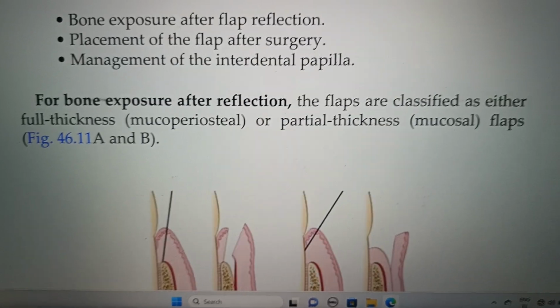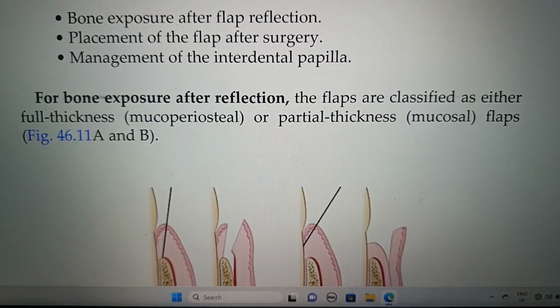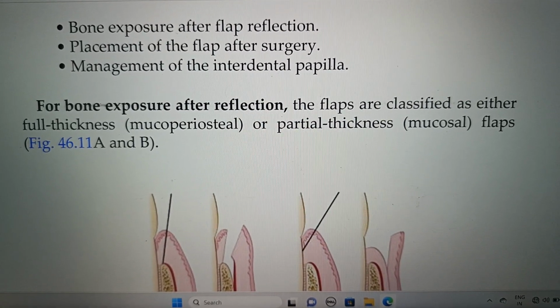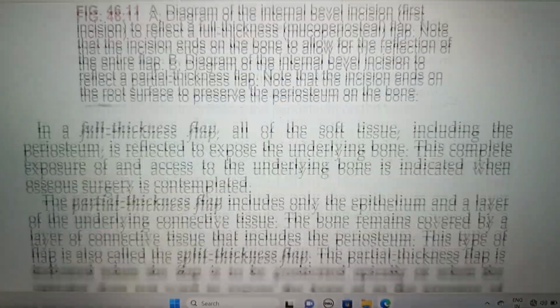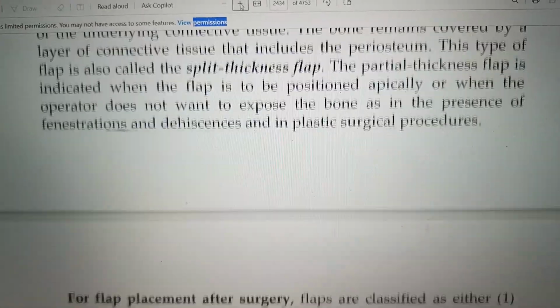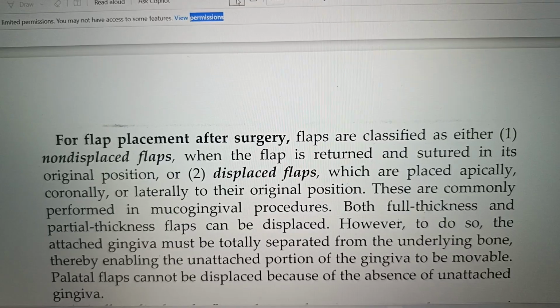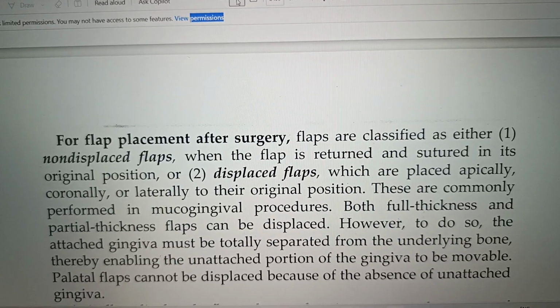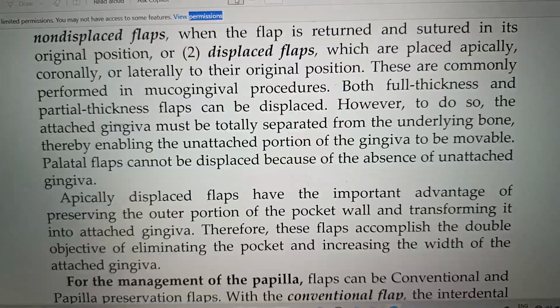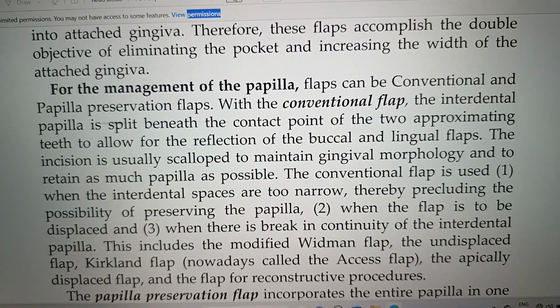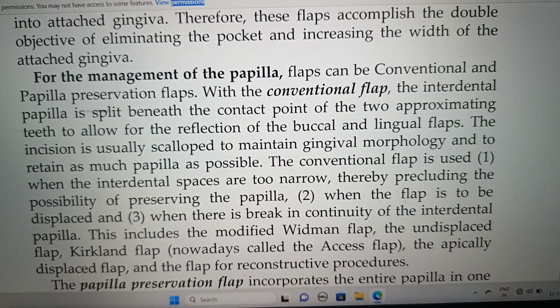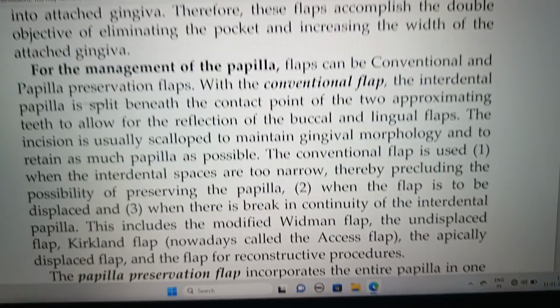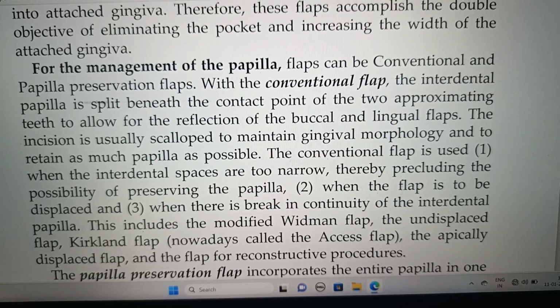Full thickness is otherwise known as mucoperiosteal and partial thickness is otherwise known as split thickness. Another classification is placement of flap after periodontal surgery, that is displaced or undisplaced flap. Then, depending upon the management of papilla, it is classified into conventional flap and papilla preservation flap.